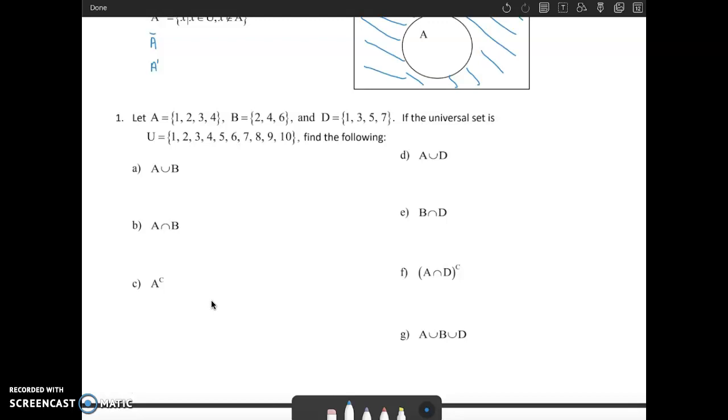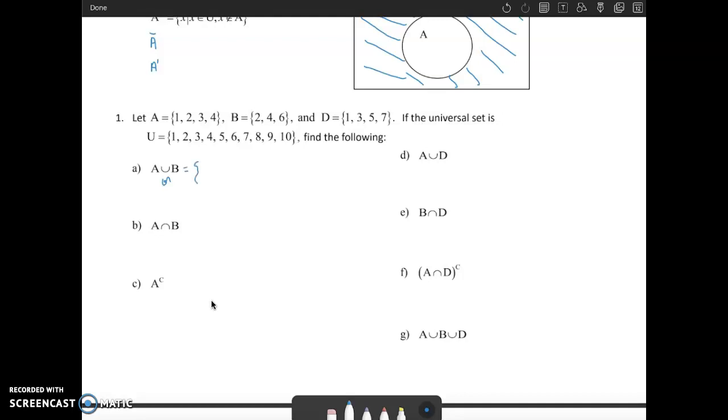So the first thing we want to find is A union B. What I always end up doing when I see this union symbol, I always write the word "or" down here. Okay, so I want to write down the set. So I'm going to say A union B equals, and then I open up a set of braces.